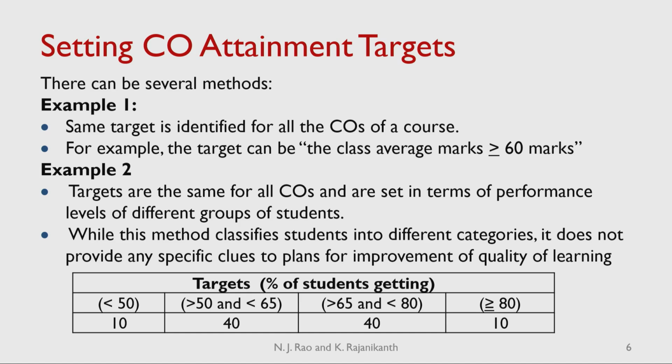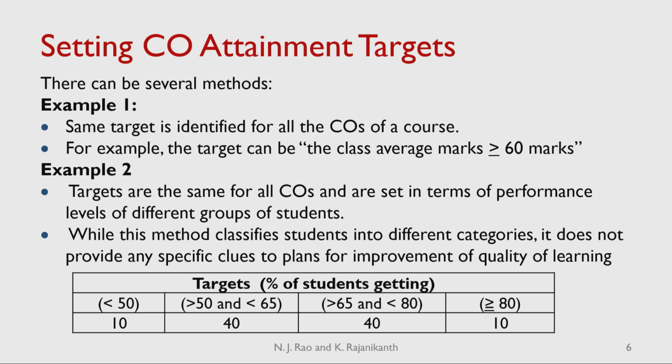That means with respect to every CO, we expect that the average marks scored by the students would be greater than or equal to 60%. This is a fairly simple method of setting the attainment targets.